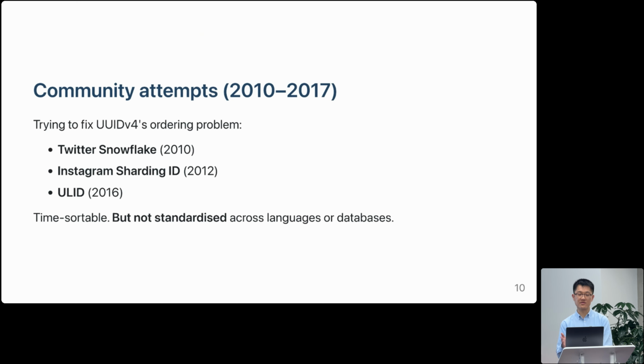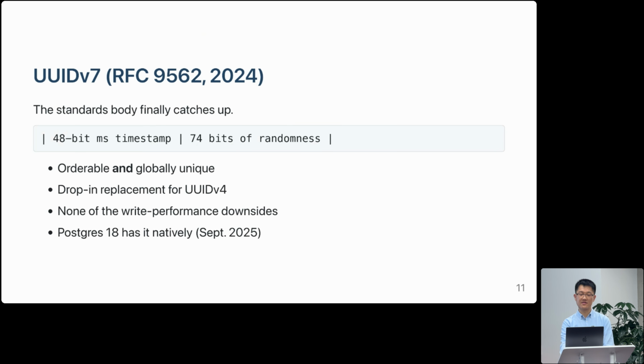All these were time sortable, so it solved one problem. But it brought another problem, which was that it was not standardized. It wasn't built into languages, standard libraries, or databases. There was no generate-a-UUID function in Postgres, for example. So it took until 2024 for the industry body to catch up.